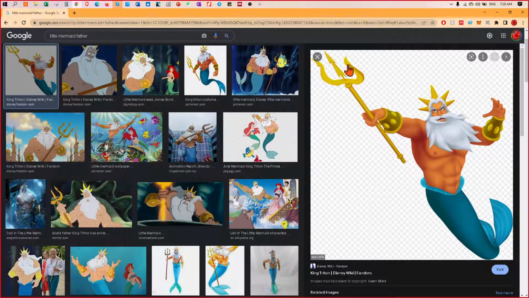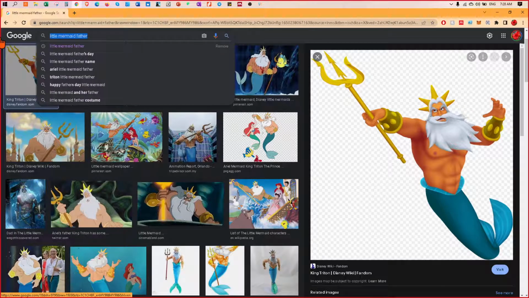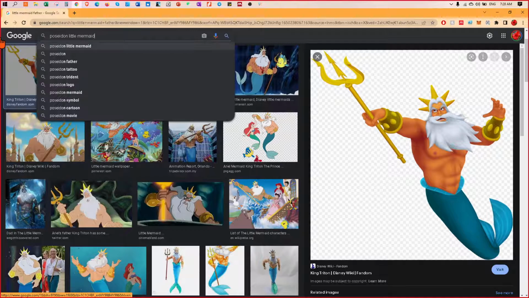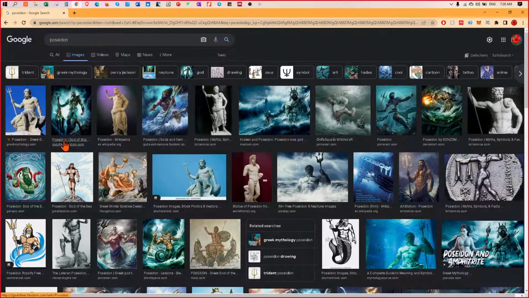So look at this thing. It does look like a trident, right? The trident is associated with Poseidon, the Greek mythological god of the ocean.